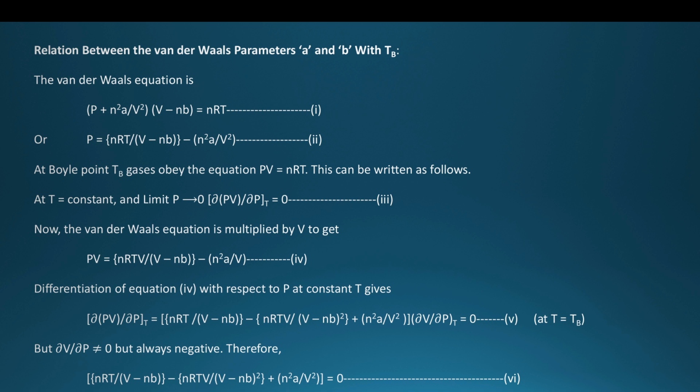But del V by del P cannot be zero, it is always negative. Therefore, the other parts would combine together to give zero value, as shown by equation number 6.